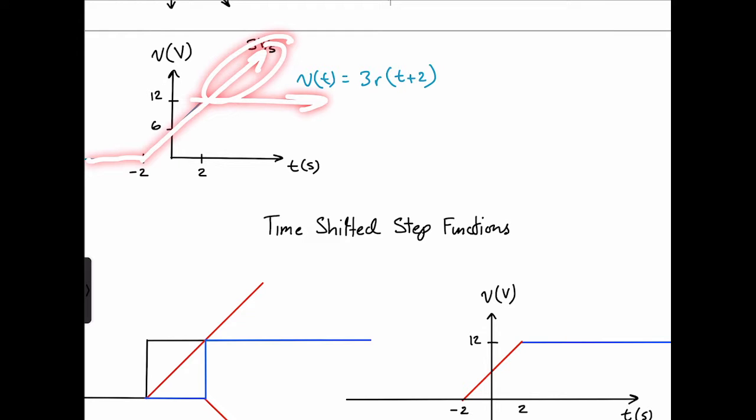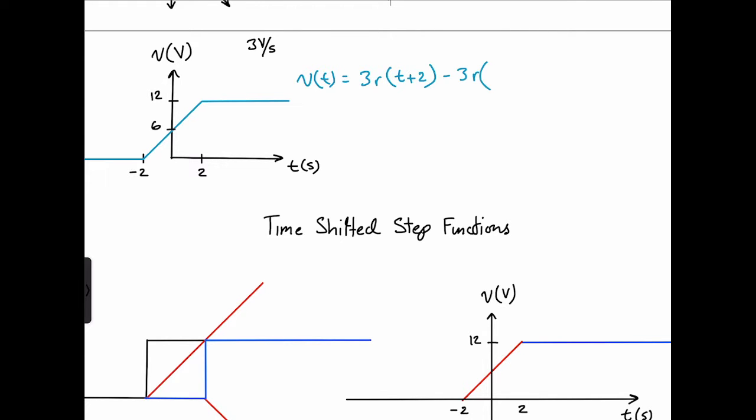To do that, we use another ramping function with a negative slope, and we start the ramping at the point at which we want to cancel the rest of this ramp function. So that would give us plus negative 3, slope, t, and that would be minus 2, because that's a ramp function that is delayed. And that's the expression that describes our realistic unit step function.